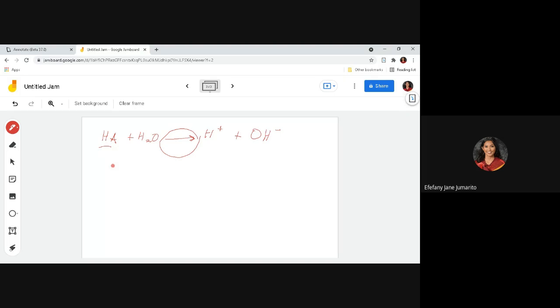Now, if we have weak bases and weak acids, that's the time that we will have a double-headed arrow, and then the calculation there will be more complex than when we have a strong acid and a strong base.